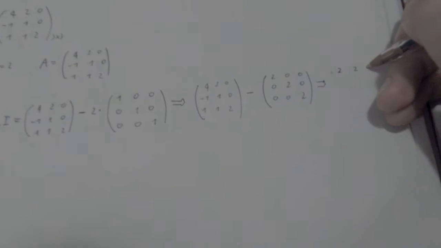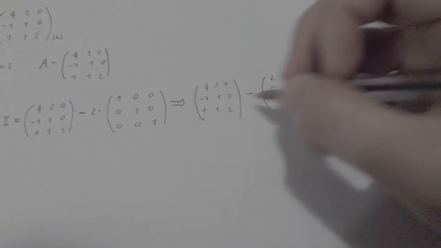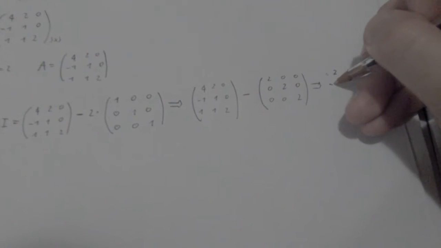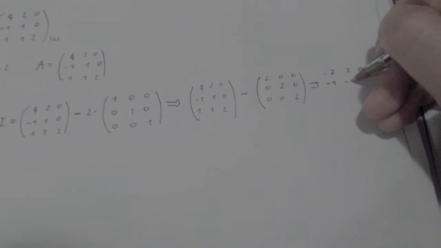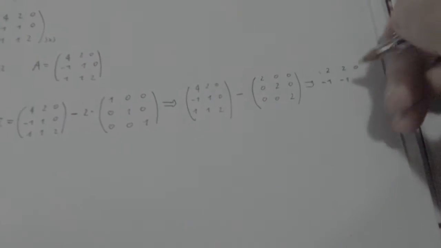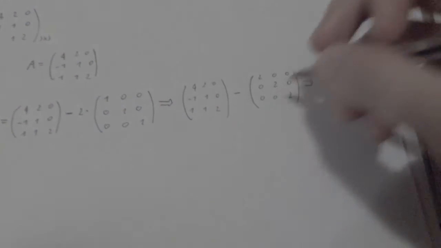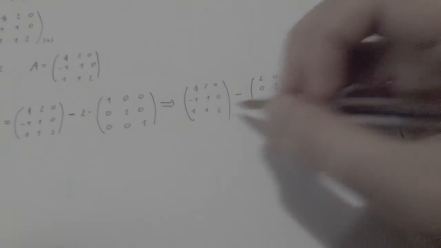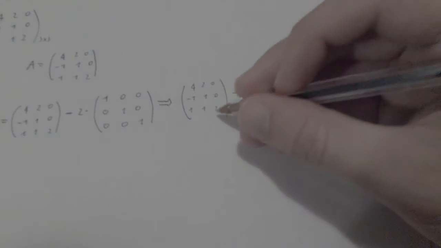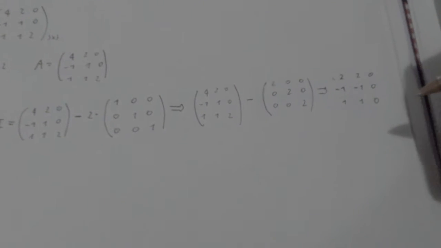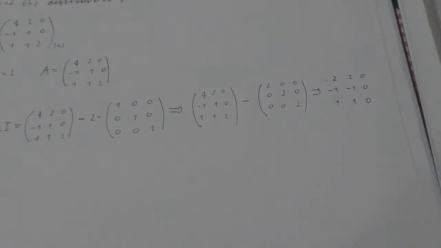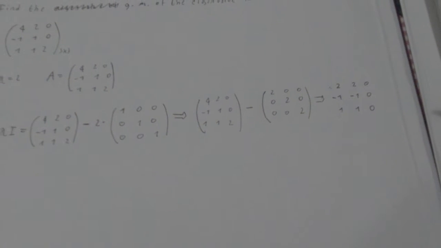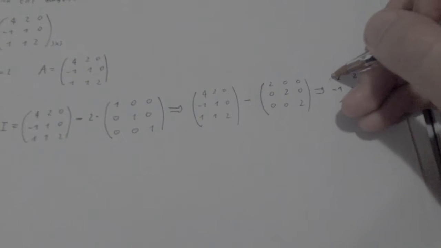0 minus 0 is 0. Negative 1 minus 0 is negative 1. 1 minus 2 is negative 1. 0 minus 0 is 0. 1 minus 0 is 1. 1 minus 0 is 1. 2 minus 2 is 0. So our matrix is 2 2 0, negative 1 negative 1 0, 1 1 0.